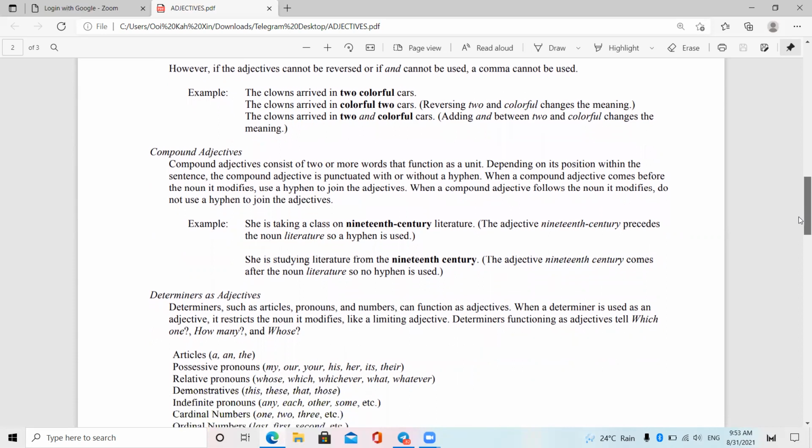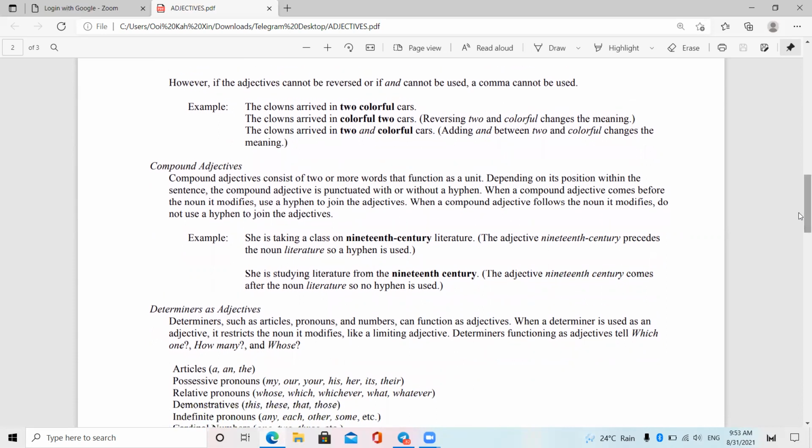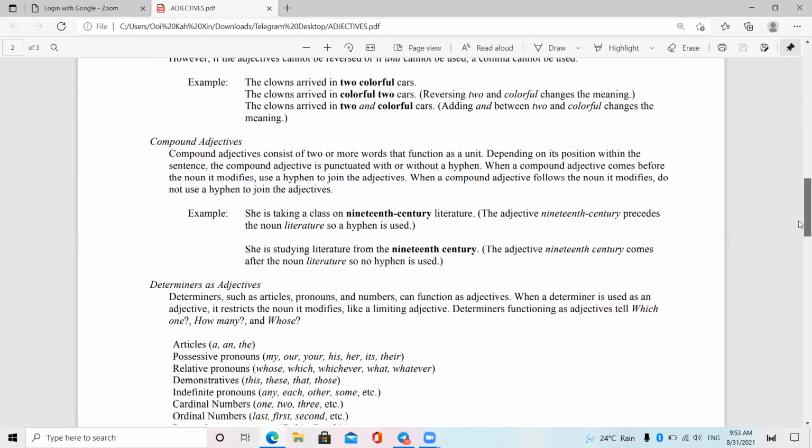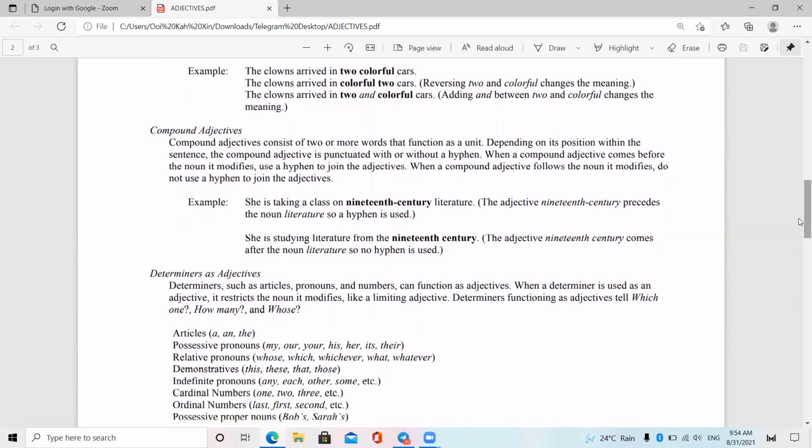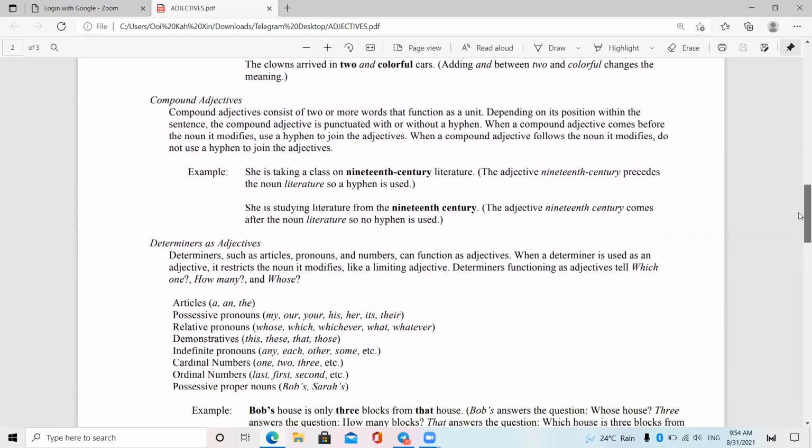Example: she is taking a class on 19th-century literature. The adjective 19th-century precedes the noun literature, so a hyphen is used. She is studying literature from the 19th century. The adjective 19th century comes after the noun literature, so no hyphen is used.